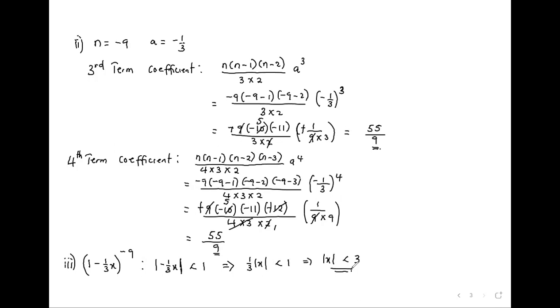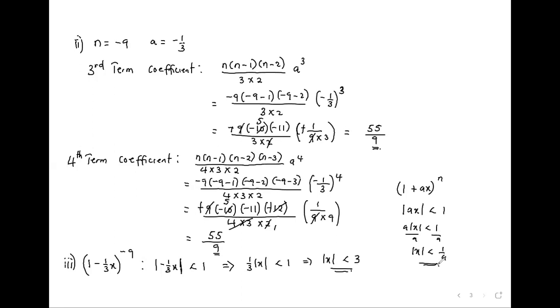Can you repeat, sir? So every time I'm given an expansion to some power, the range of validity will always be this part less than 1. Take out a, divide by a, and you get this less than 1 over a.